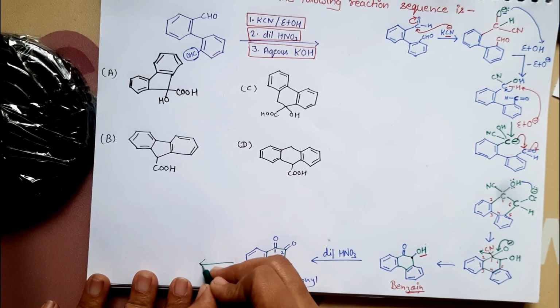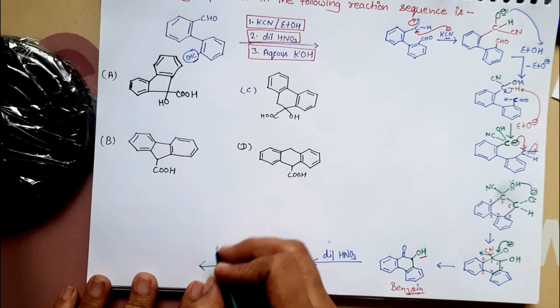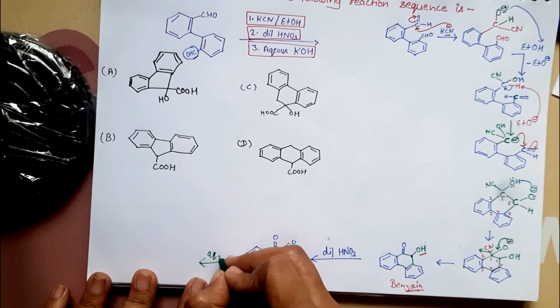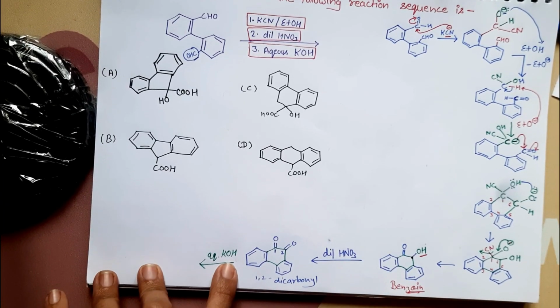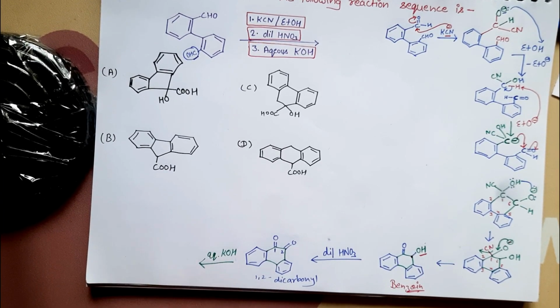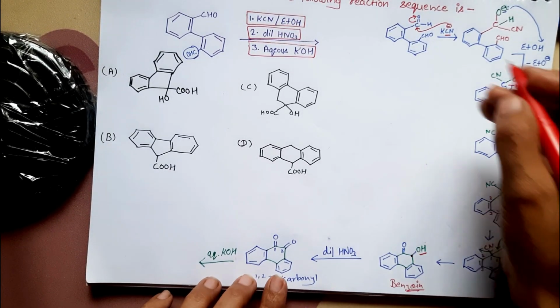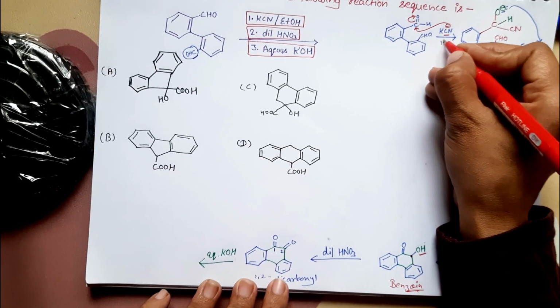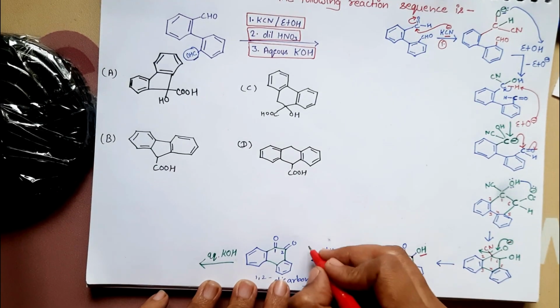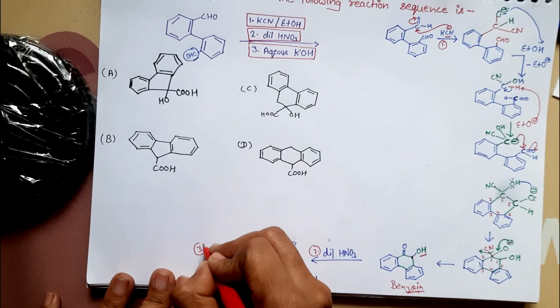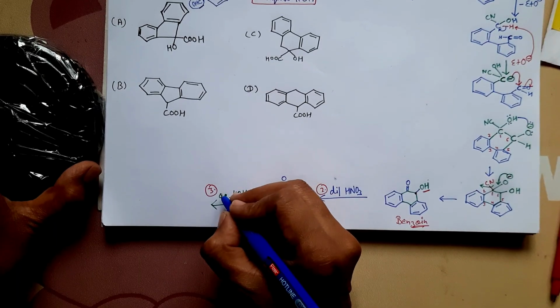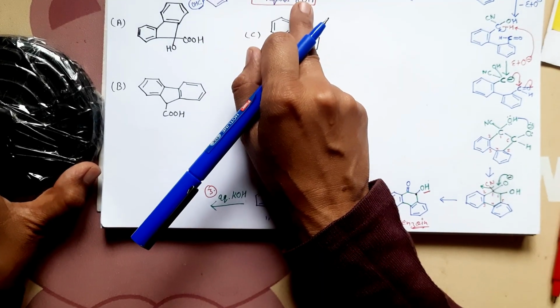In the presence of aqueous KOH, which is our basic medium: this is our first step, this is our second step, and this is our third step. In the third step they give aqueous KOH.